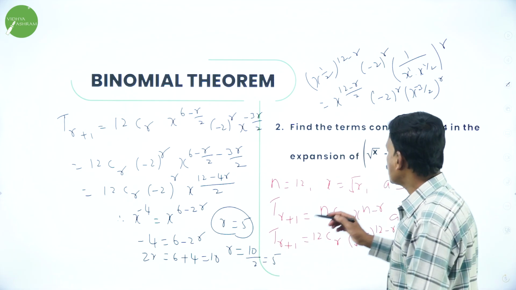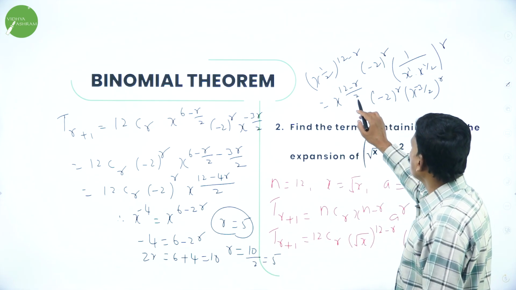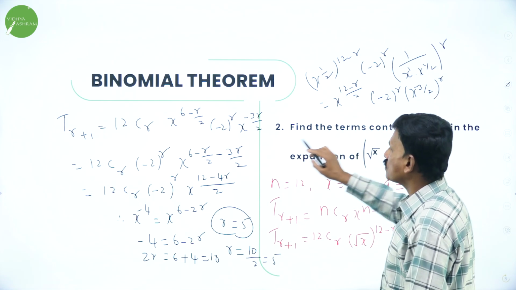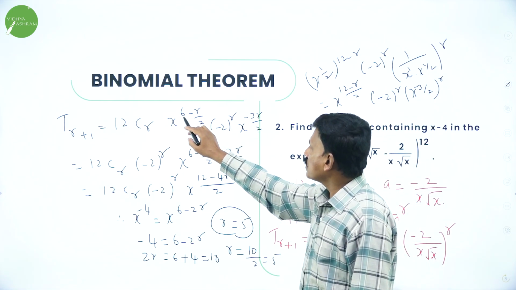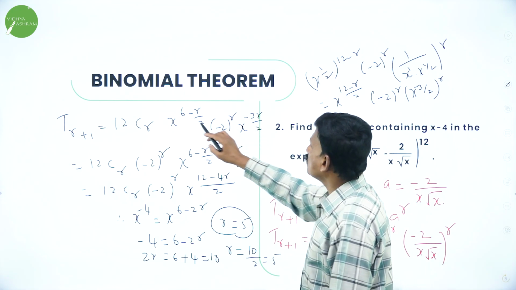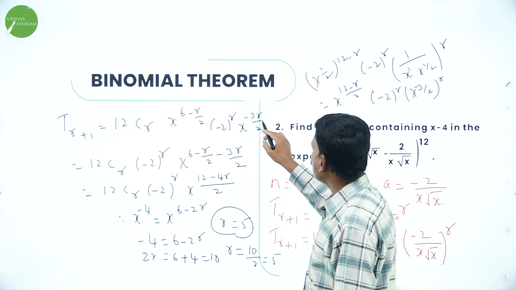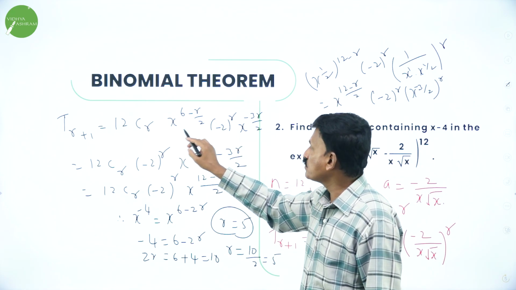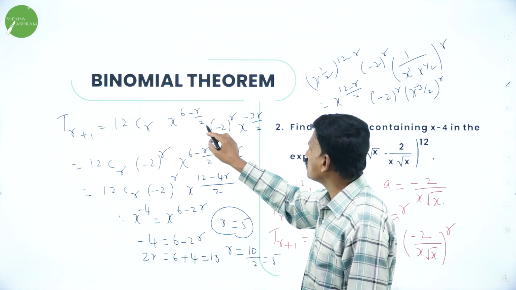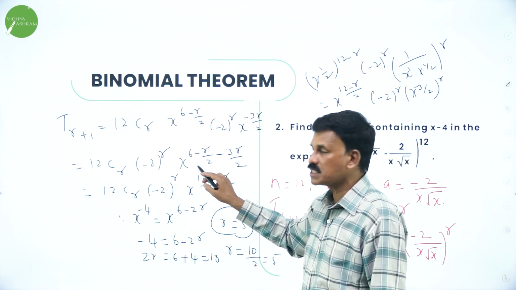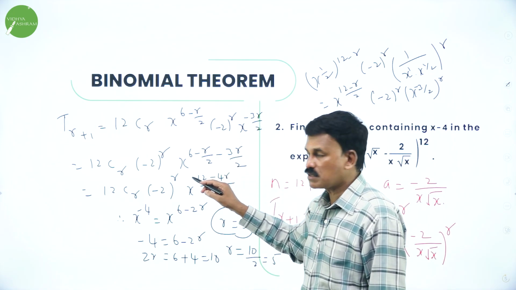Okay. See here, just simplify this. x to the power of 12 minus r into minus 2 to the power of r into x to the power of minus 3 by 2, whole raised to r, can be written as x to the power of 12 by 2, term by term division, 6 minus r by 2, into minus 2 to the power of r into x to the power of minus 3r by 2. Equate the terms containing x to the power of 6 minus r by 2 and x to the power of minus 3r by 2 using the law of indices: a raised to m into a raised to n is a raised to m plus n.